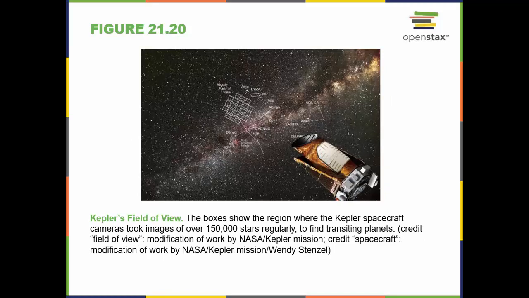Here we see a box showing a region where the Kepler spacecraft cameras took images of over 150,000 stars regularly. It was trying to find these transiting planets.